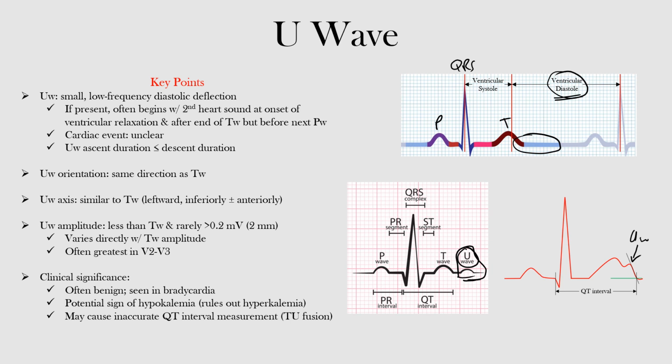Now the cardiac event it represents remains unclear. A few hypotheses have been proposed, although there is still no consensus. Now if a U wave is present, the duration of its ascent, meaning its rise, tends to be less than or equal to the duration of its descent, its fall, which seems to be nearly the opposite of the normal asymmetric T waves, slow ascent and rapid descent, okay?